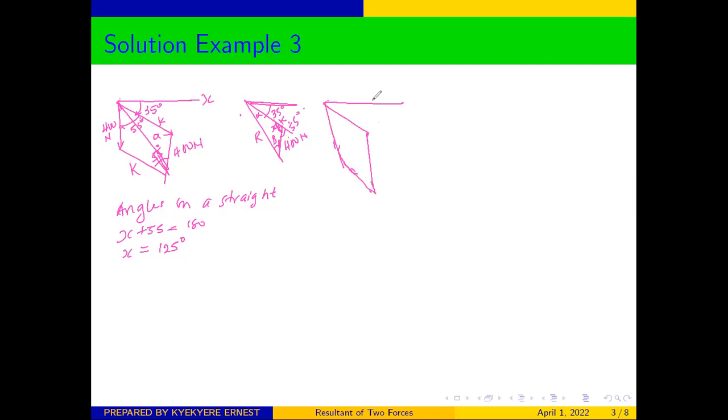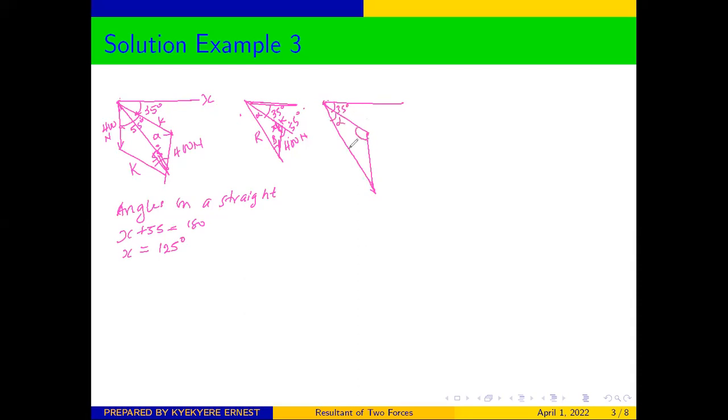Sorry, it is not straight. So our resultant will be from this point coming to that point. We know that the angle here is 35. The angle here, we said that we are calling it alpha.